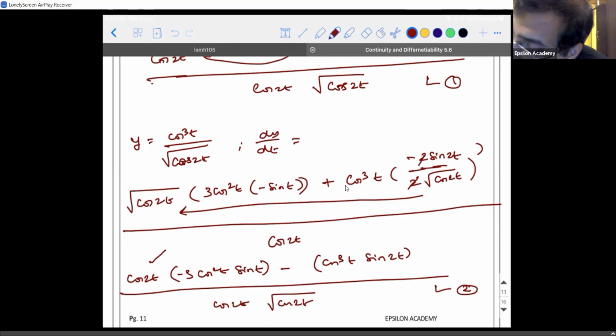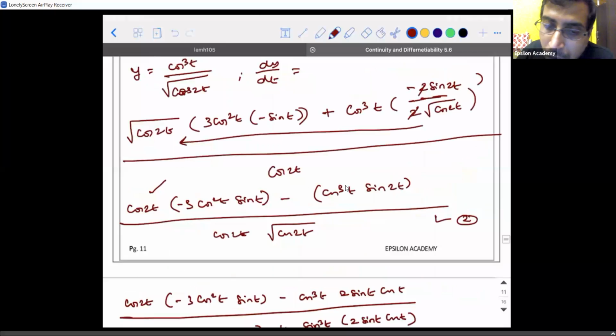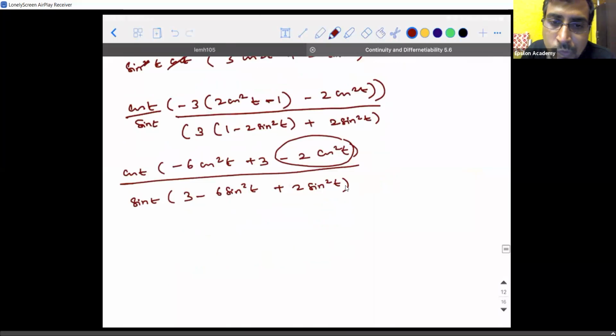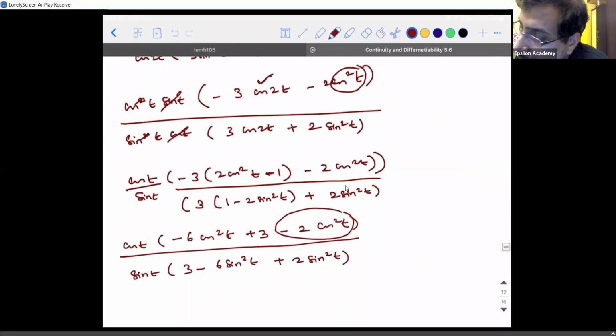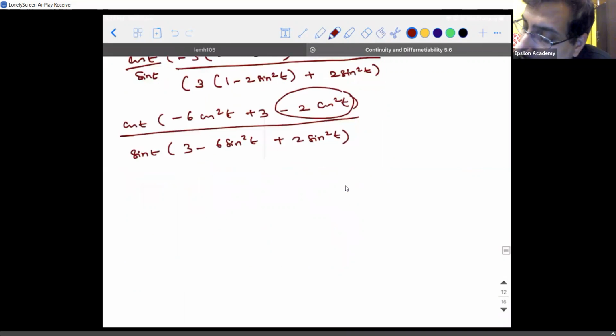So root of cos 2t into 3 cos square t into minus sin t plus cos cube t into 1 by 2 root of cos 2t into minus 2 sin 2t. If you observe, 1 minute.